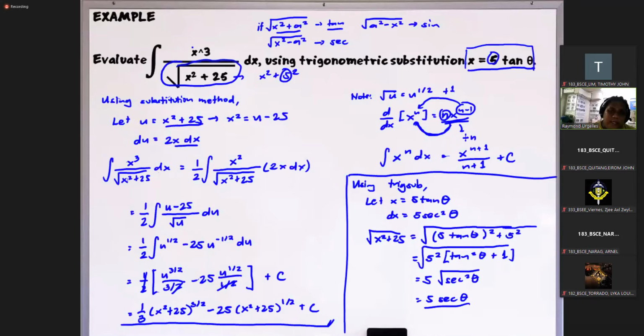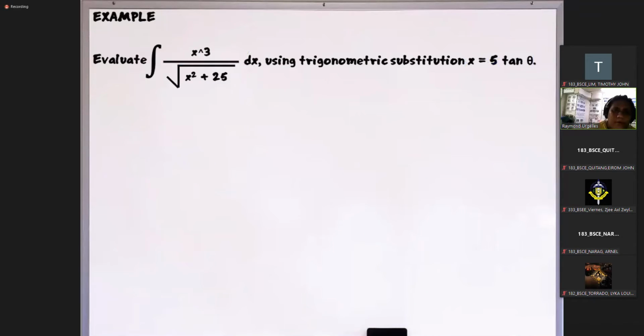Yung nasa numerator, yung x, papalitan lang natin ito. Tapos yung dx, papalitan lang natin ito. So yung magiging integral natin will become integral ng 5 tangent of theta, this quantity cubed. Yung denominator, magiging secant of theta na lang.